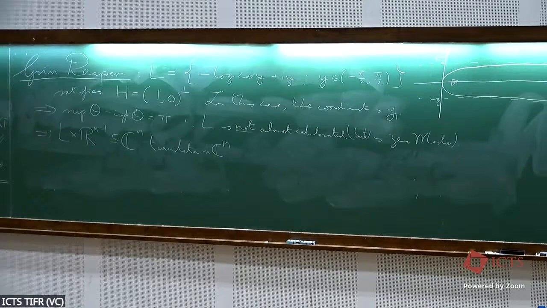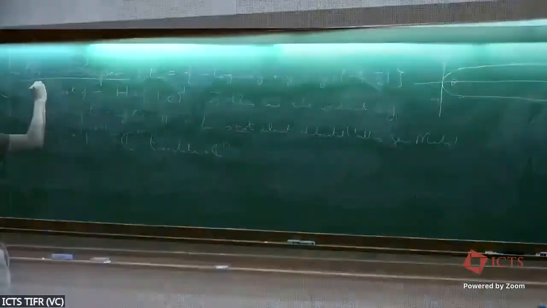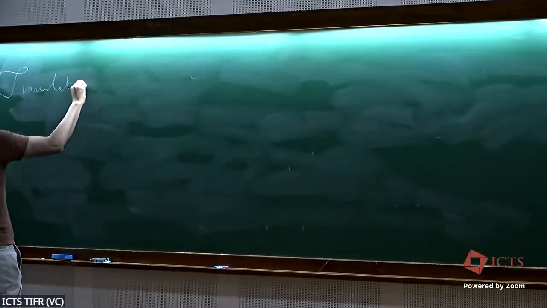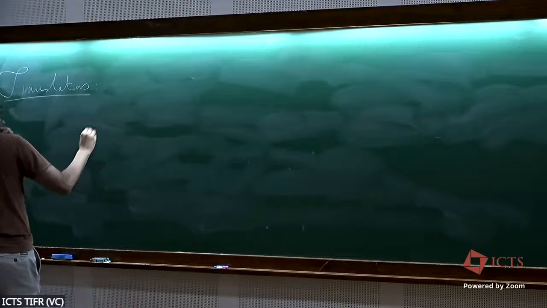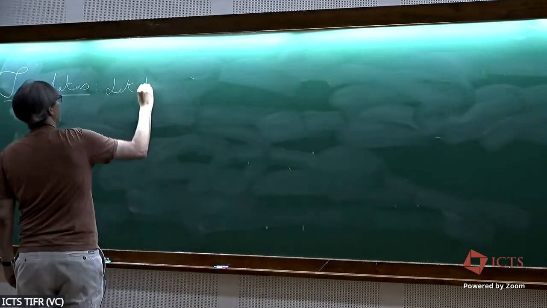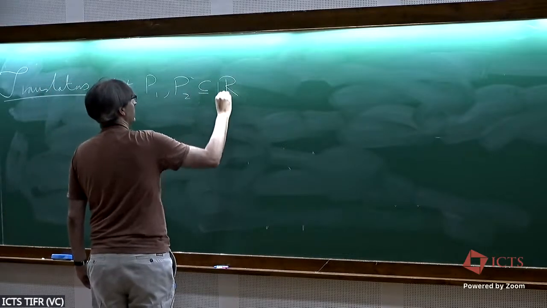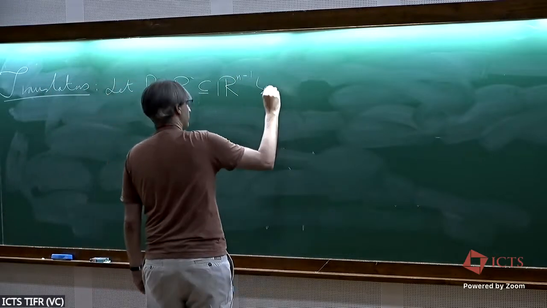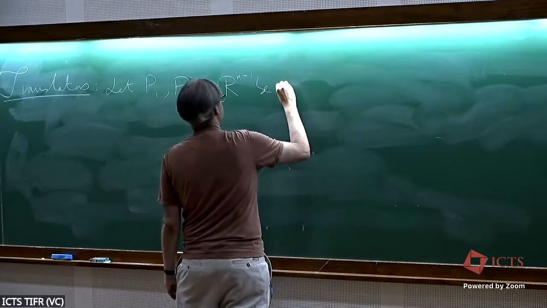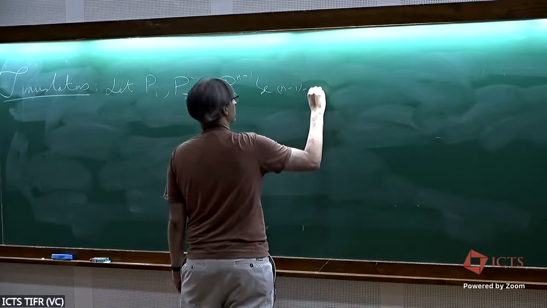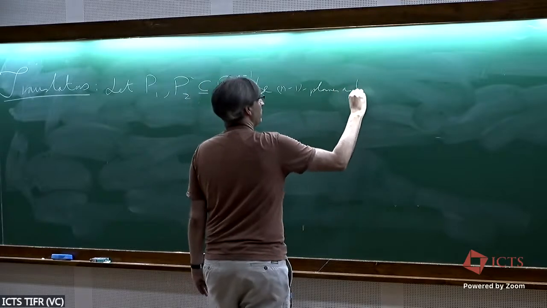Remember these planes, because they're going to appear once again. So, talking about translators, let P1, P2 contained in Rn minus 1 be the planes, n minus 1 planes, as before.